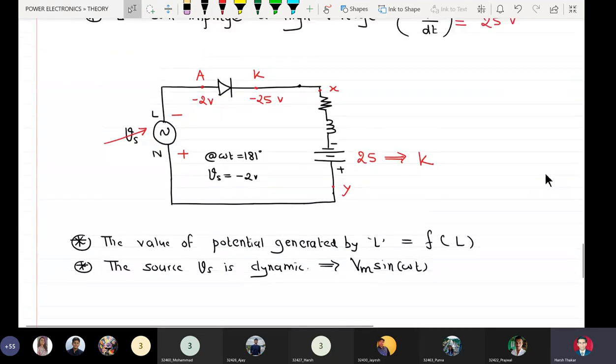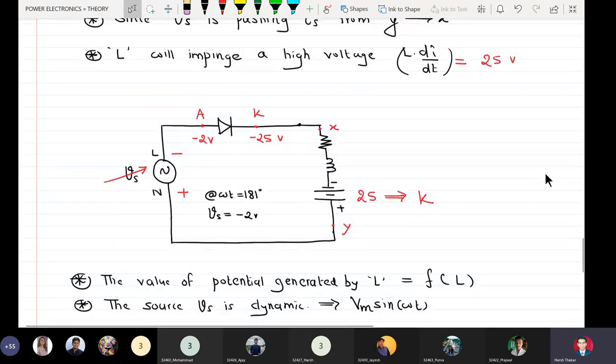So now there is a competition at the anode. There is a potential which is becoming increasingly negative, and at the cathode there is a fixed negative potential. So at one point of time, what will happen is that this particular source Vs will have a value which will be more than minus 25 or less than minus 25, right?